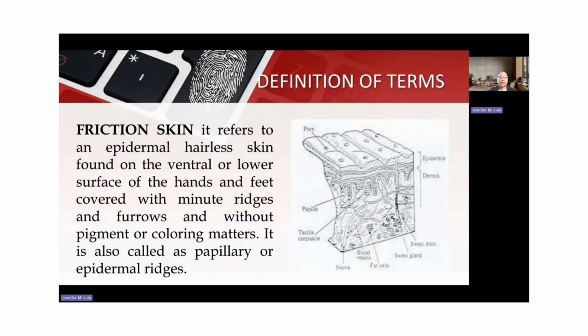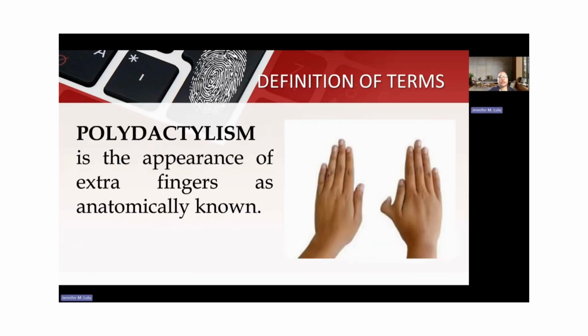Next one, we have the friction skin, which refers to the epidermal hairless skin found on the ventral or lower surface of the hand and feet covered with minute ridges and furrows without pigment or coloring matters. It is also called papillary or epidermal ridges.